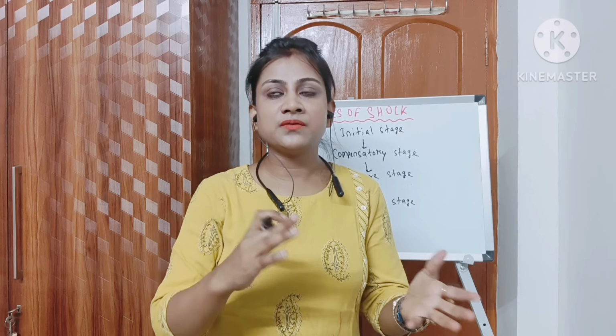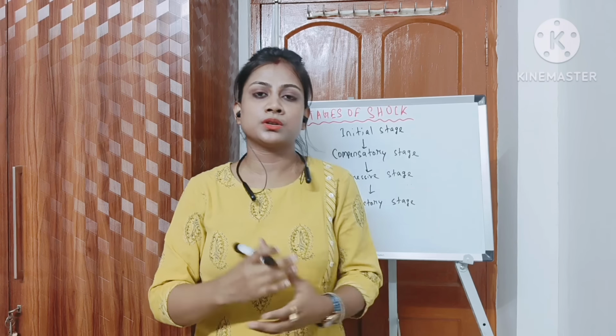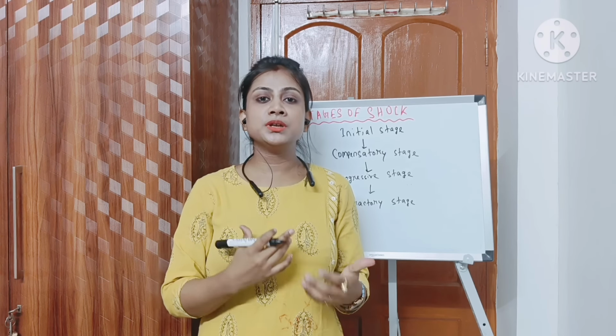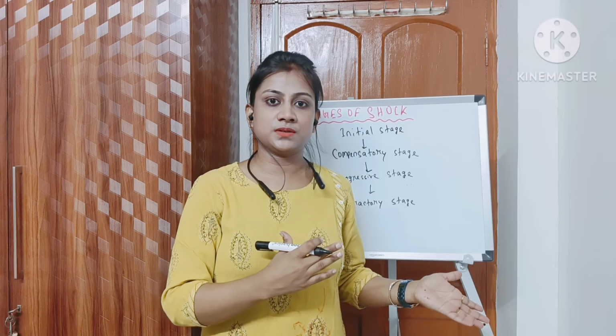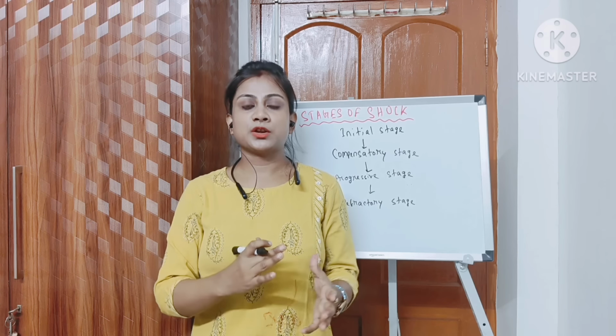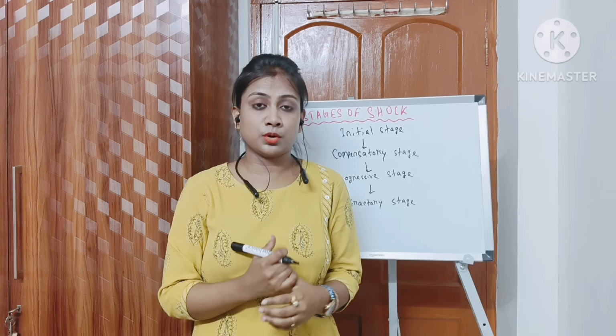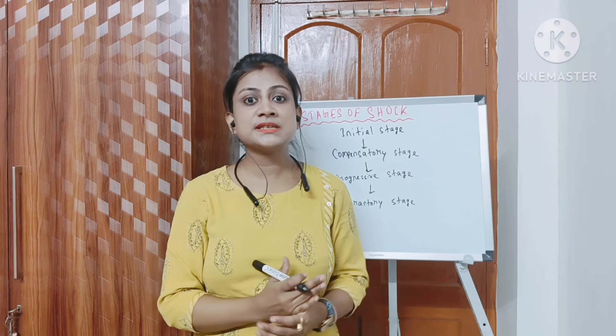If oxygen is not there, then the body is trying to do metabolism without oxygen, right? So it will shift from aerobic to anaerobic. In this stage, only fewer symptoms are there. It is not very visible during this initial stage because the changes are just starting.